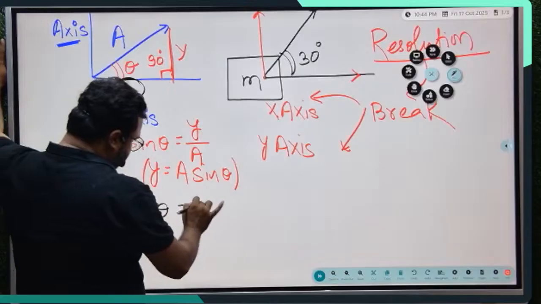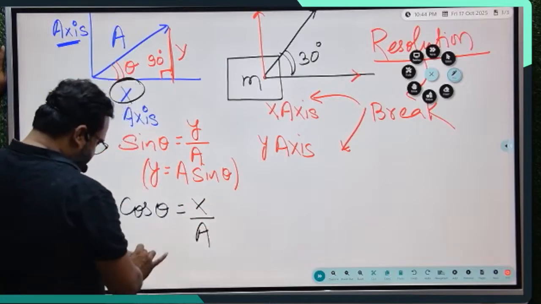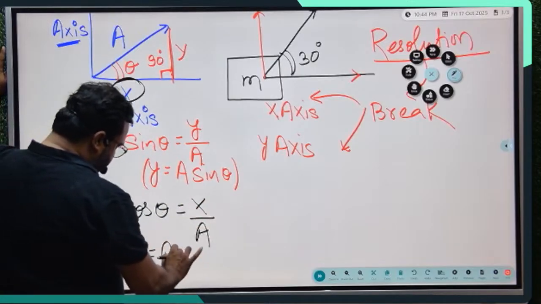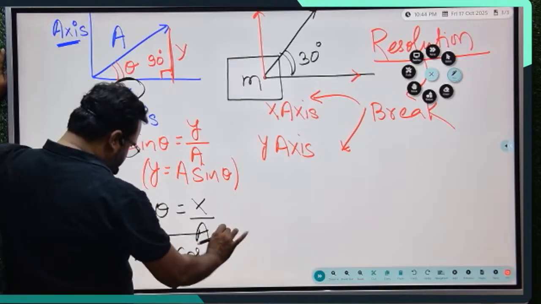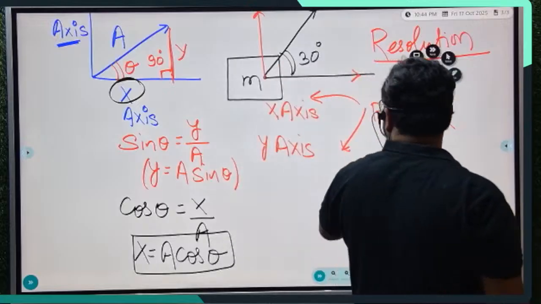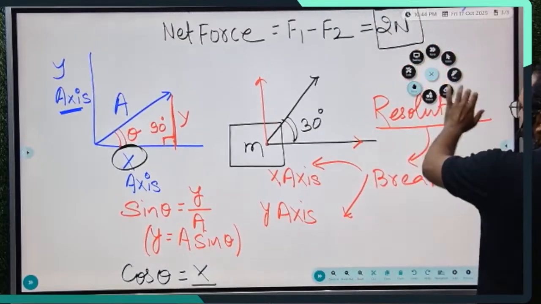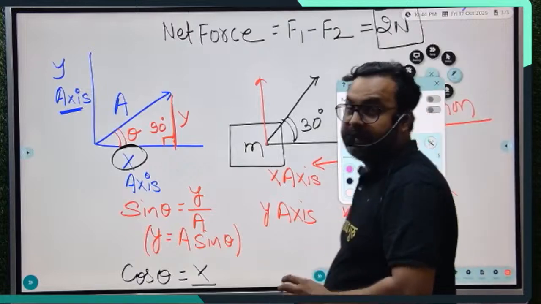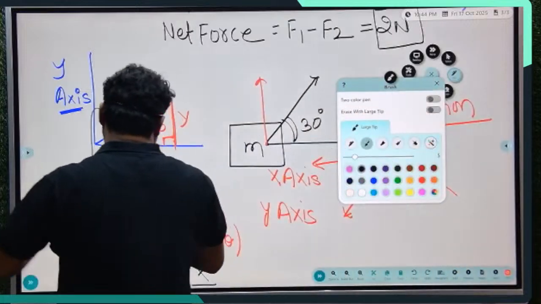Base is x. Hypotenuse is A. So x is equal to A cos theta. That means this component x is A cos theta.